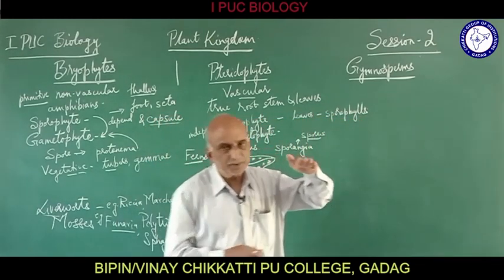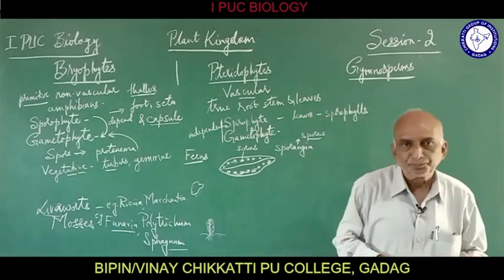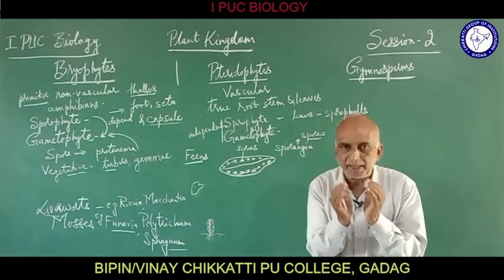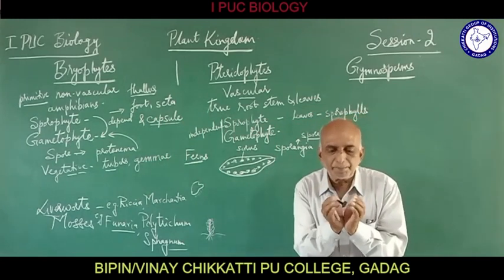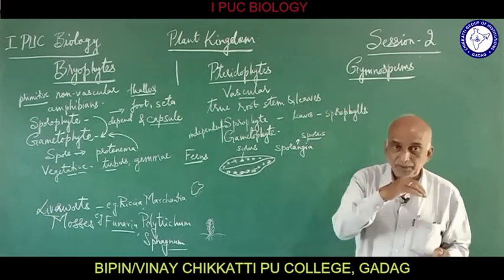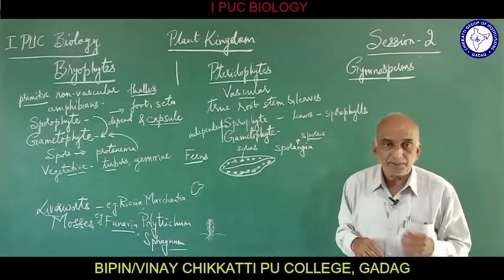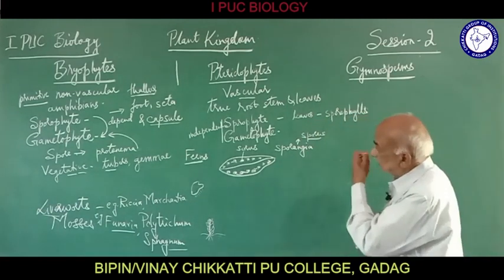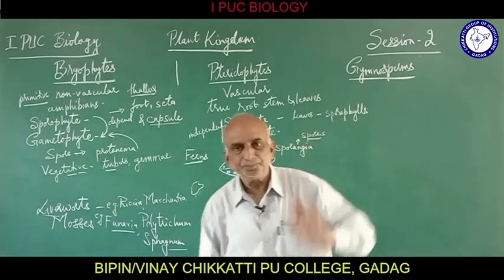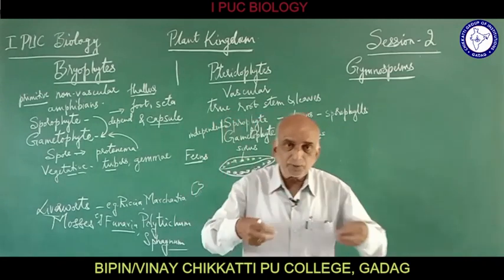These spores are released from the sporangia. The sporangia, I said, are small bag-like structures. The wall of the sporangium will rupture when the spores are completely developed, and the spores fall.